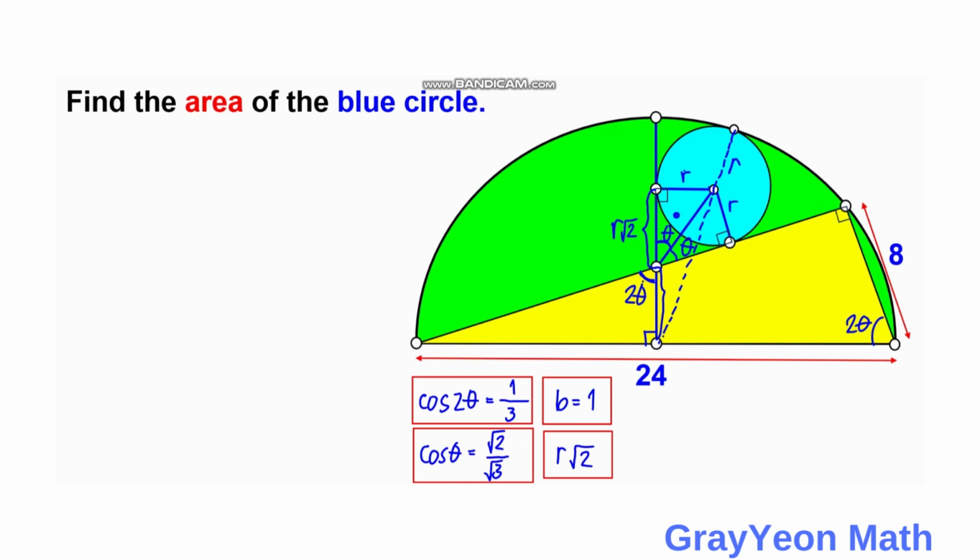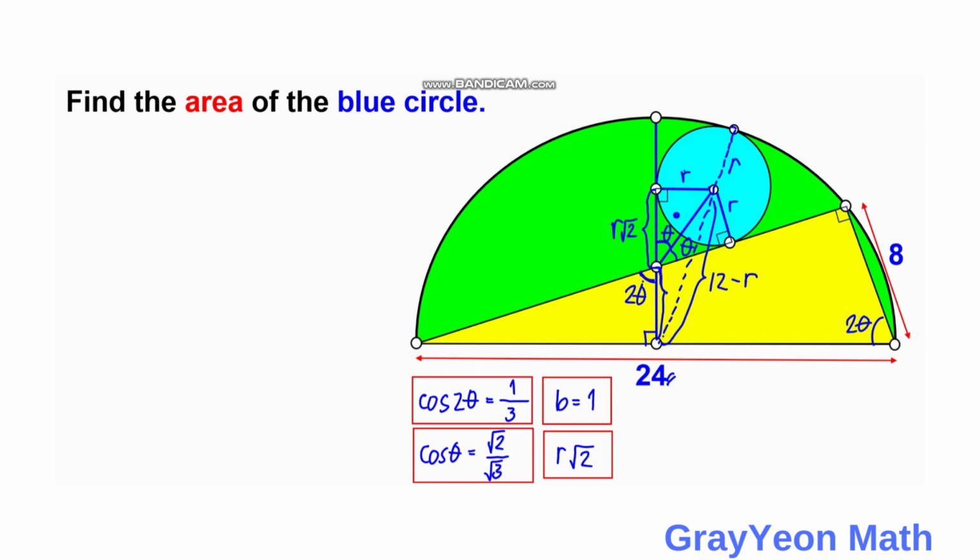Since the diameter is 24, the radius is 12. So this broken distance is actually 12 minus r. So we actually form a right triangle, with one leg as r and the other leg as a part, we have r square root of 2 in this part.